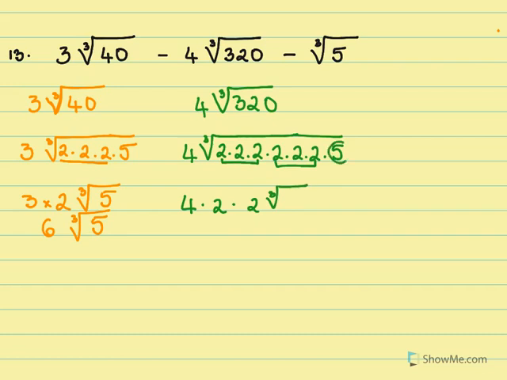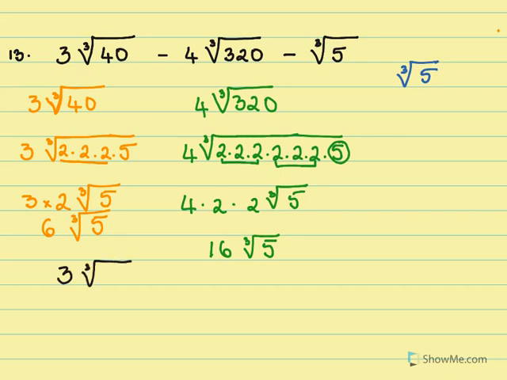So what remains inside is cube root of 5. So this would be now 16 cube root of 5. And the last one is cube root of 5, which is already simplified.